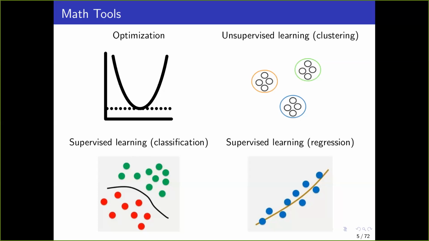For example, unsupervised learning, where you have data without any labels, and you want to group data that are similar to each other. So that's basically clustering. Then you also have supervised learning, where now you have labeled data, and you want to find some kind of criteria so that if a new point arrives, you can classify it as red or green in this example here.